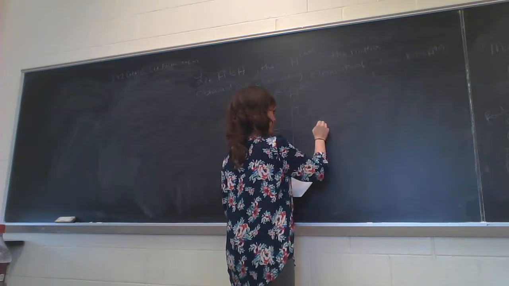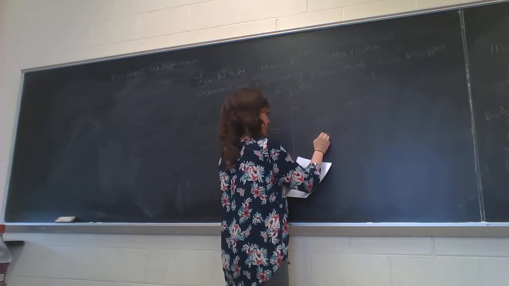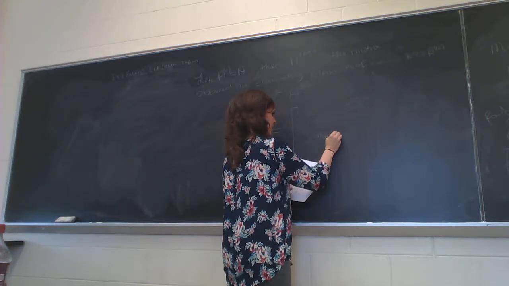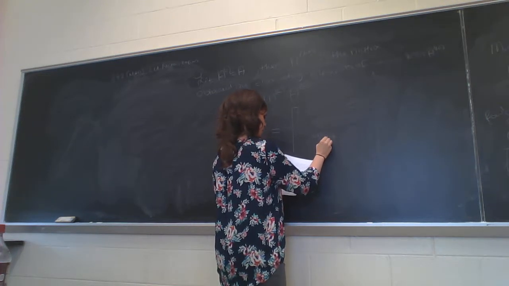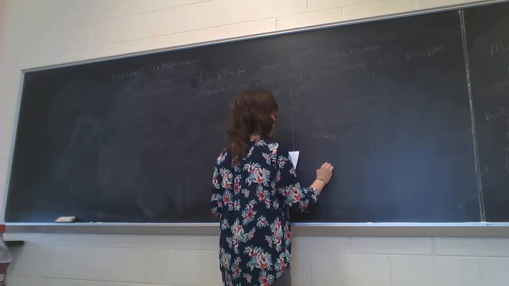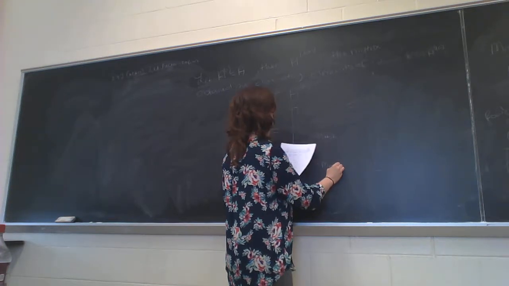So we have our diagonal here, and then we have negative M K plus 1 K right here, all the way down to negative M NK.